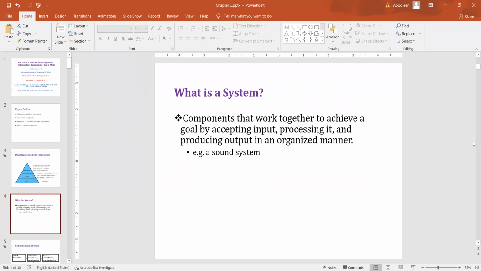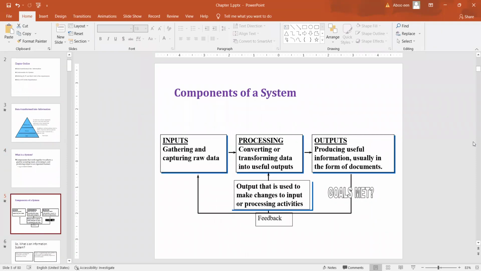So likewise, a system is related components that work together to achieve a goal by accepting input, processing it, and producing output in an organized manner.